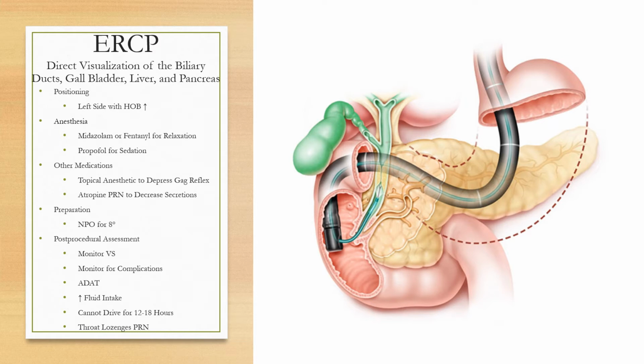So the patient's going to be advised that there's a small risk of developing pancreatitis from this procedure, on top of all the other complications that we mentioned for an EGD, such as perforation, bleeding, the potential for aspiration because they've been sedated and they might vomit. Okay.